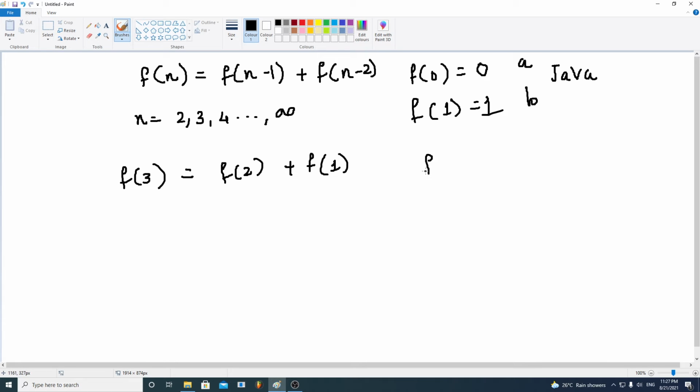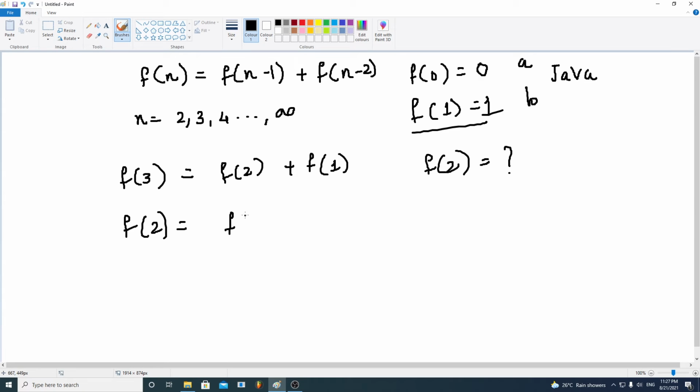Where is f of 2? How will we even calculate f of 2? We know what f of 1 is. Here it is. F of 1 is 1. What is f of 2? Hence, in order to calculate the higher term, we need to know the value of the function of its lower term. So coming over to what will be f of 2?